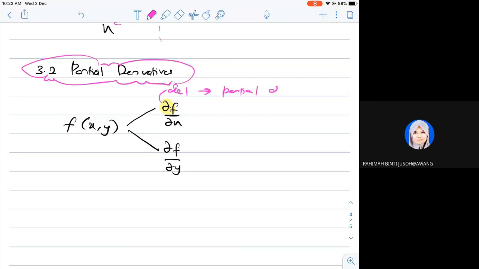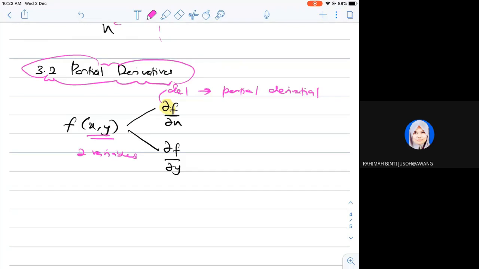Why partial? Because we have more than one variable. We have two variables. So when we have more than one variable, our operator becomes del instead of d.